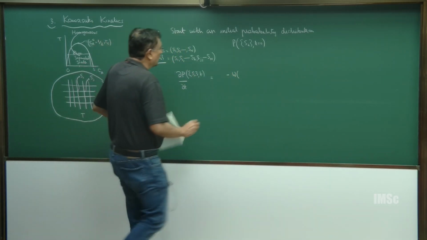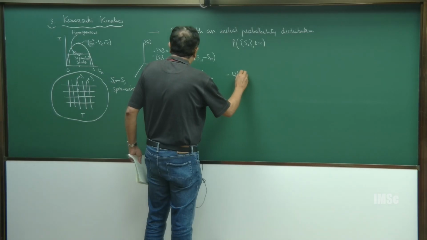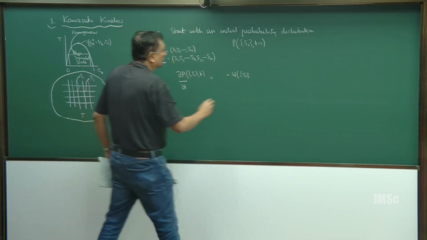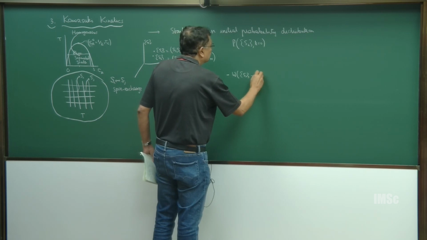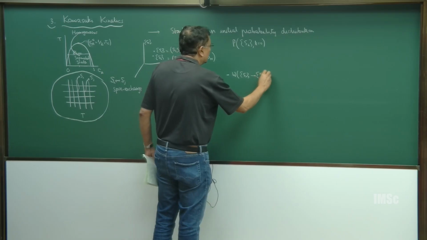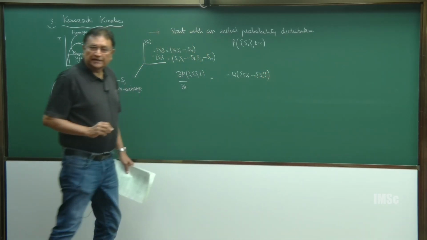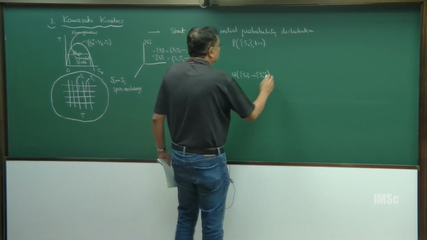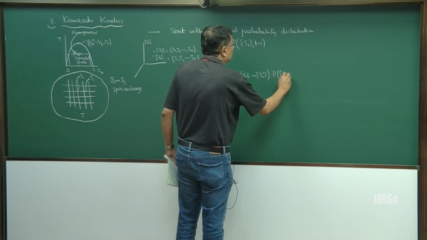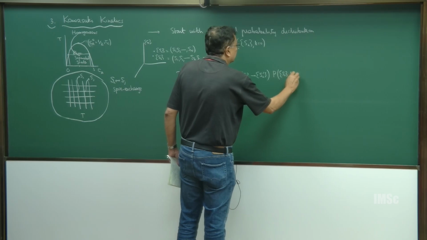So a transition probability of starting off with the state Si, which is that state out there, and spin exchanging to a state Si prime, which is the nearby state, right? And that will be multiplied by the probability Psi t.